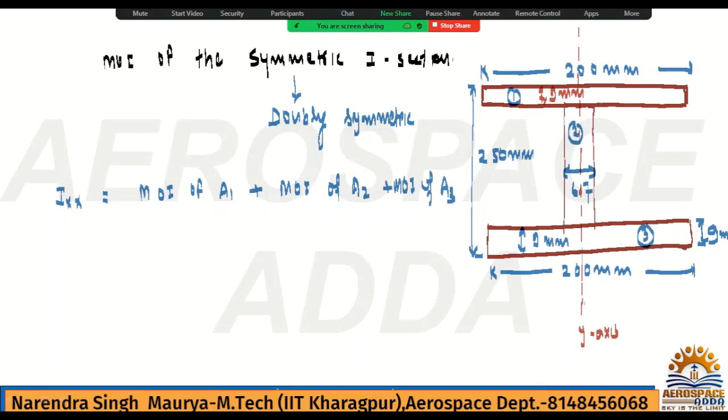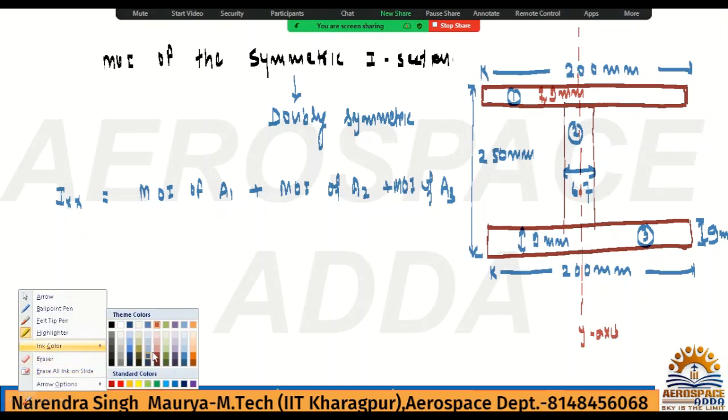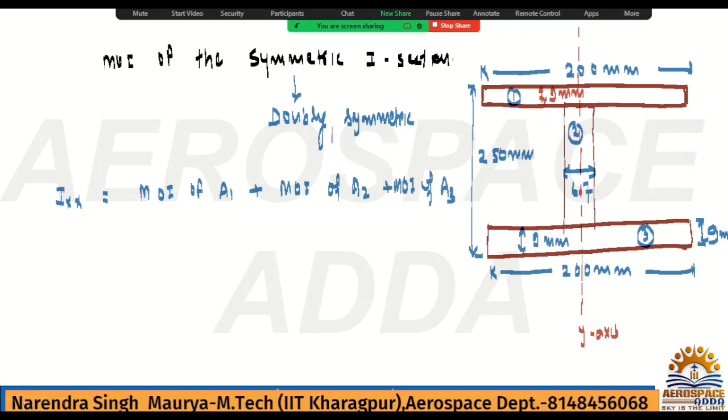If you check, it is symmetric about the y axis, and it is symmetric about the x axis. So if it is doubly symmetric, then what is the meaning of it? Let me write that line also, very important. If it is doubly symmetric, then don't just say x bar and y bar become 0, that is not a point.